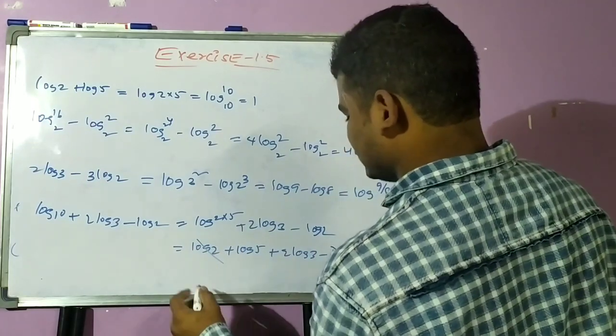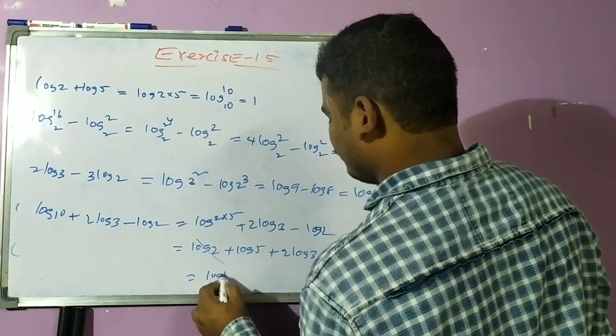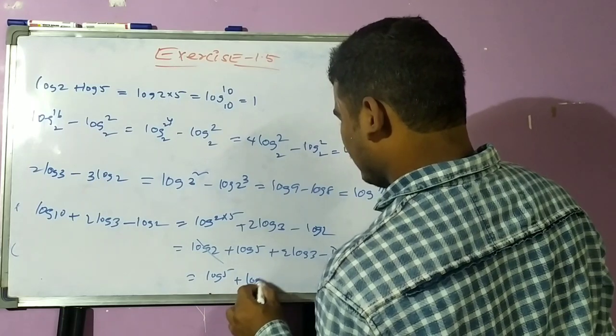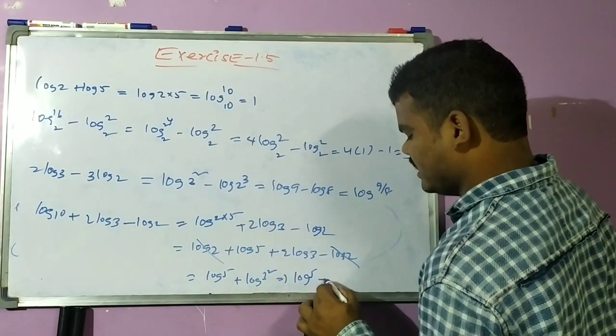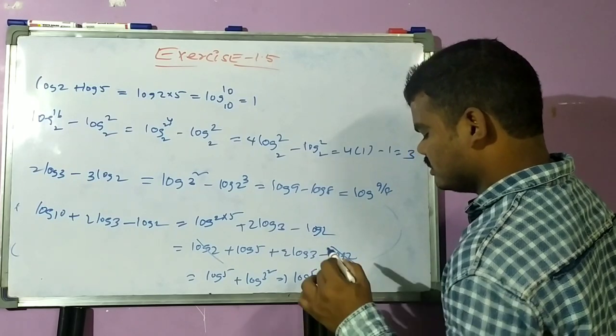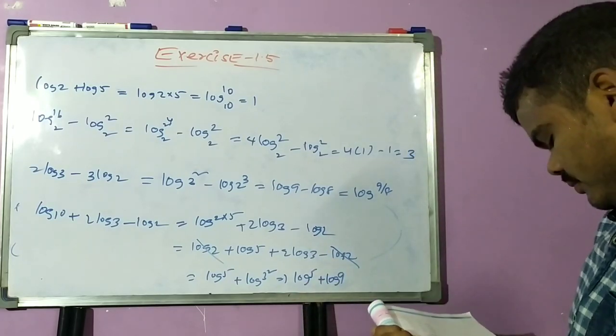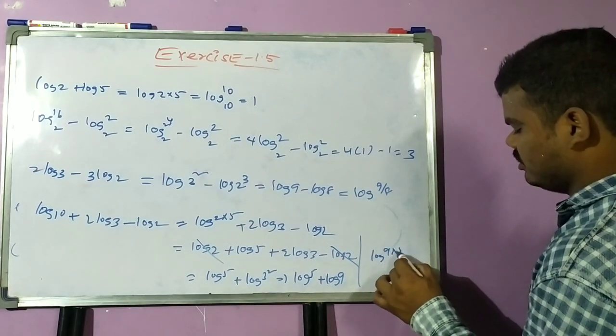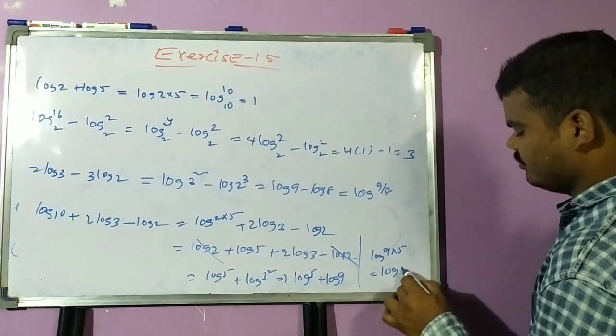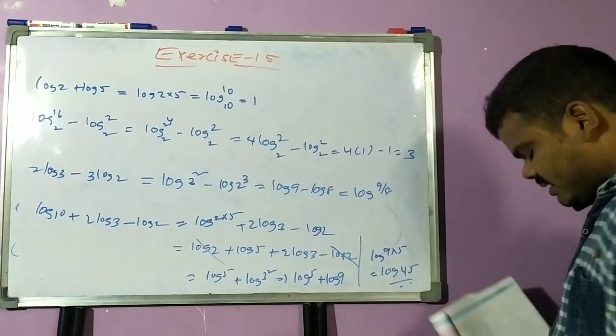Log 2 gets cancelled. Here log 5 is there, and here log 3 squared. This is equal to log 5 plus log 9. Okay? Log 5 plus log 9. This is logarithm of 9 into 5. Logarithm of 45 is the final answer.